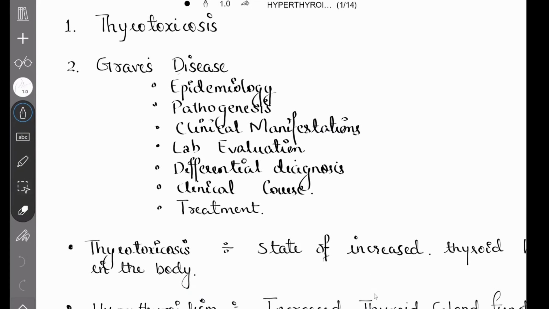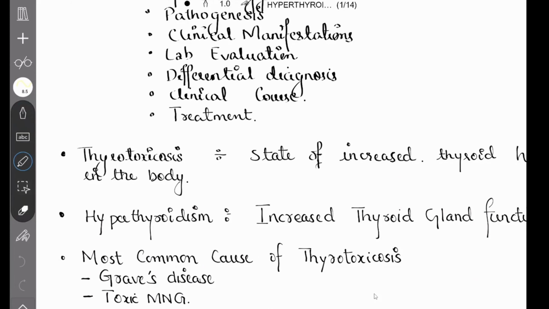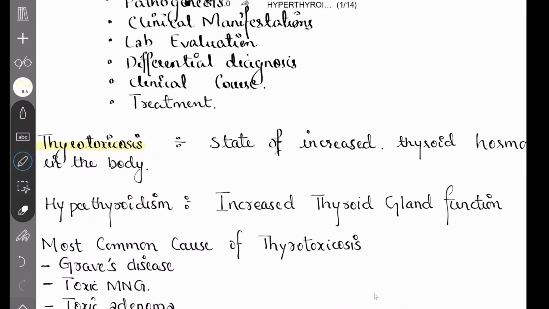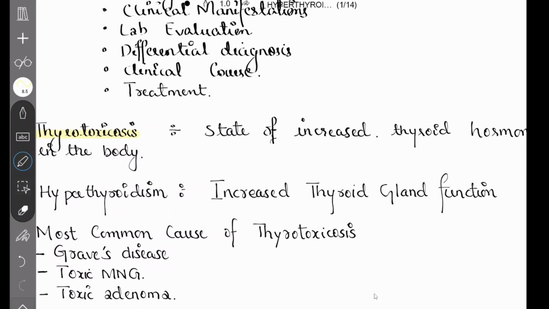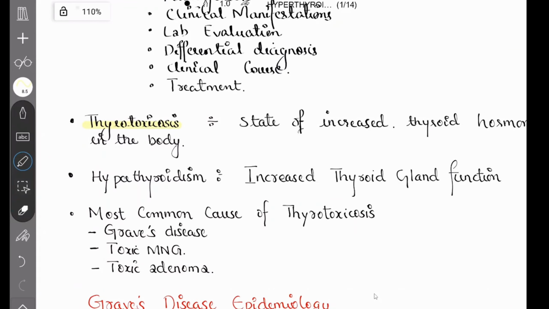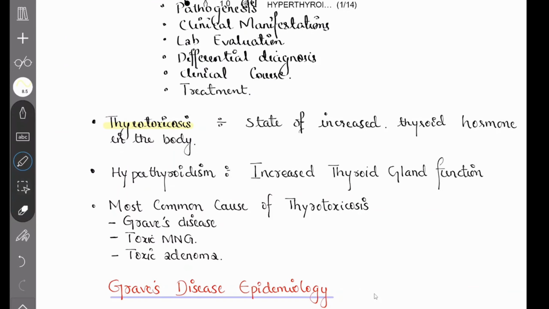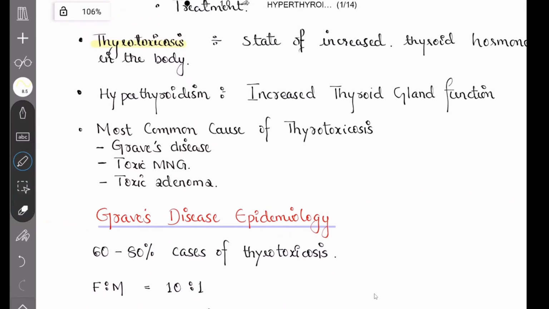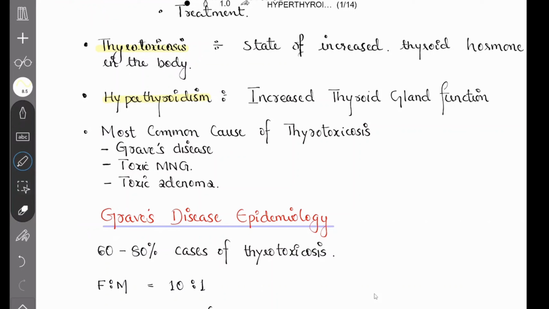So here, first we should discuss what is thyrotoxicosis. Thyrotoxicosis is a state of increased thyroid hormone in the body. So it just means that if the body has more thyroid hormone, in whatever sense it may be, that will be thyrotoxicosis. What is hyperthyroidism? Hyperthyroidism means increased thyroid gland function.